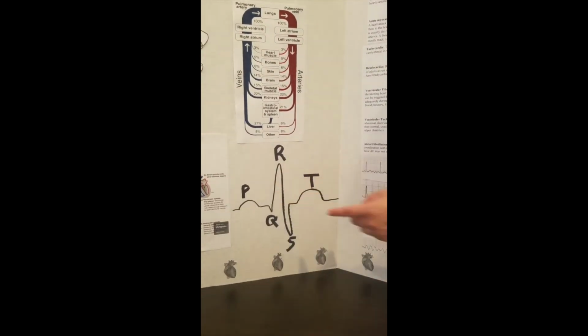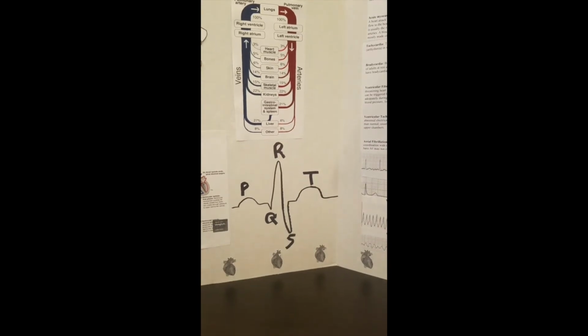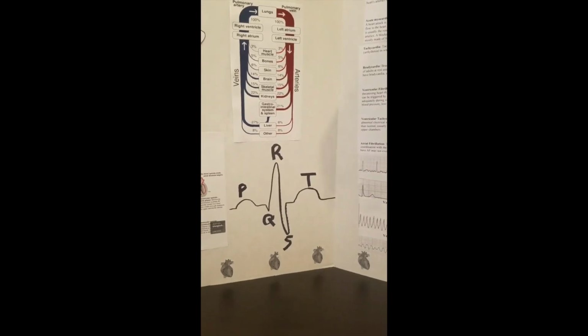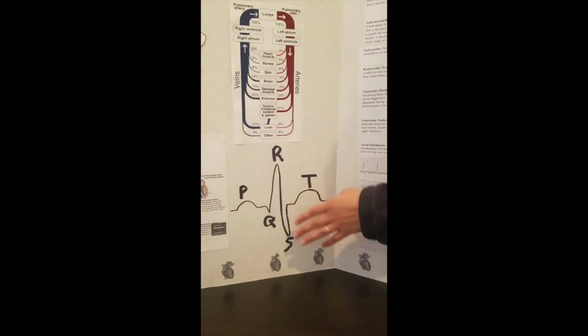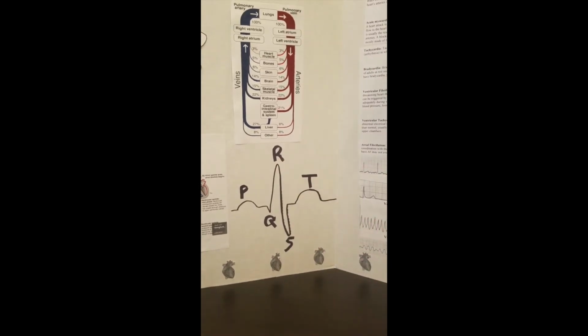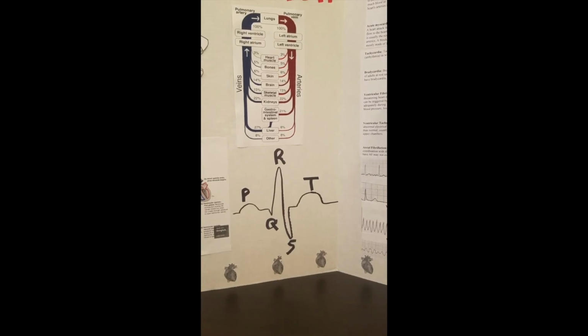The P wave reflects electrical changes of atrial depolarization originating in the SA node. QRS are electrical changes associated with ventricular depolarization, and then the atria also simultaneously is repolarizing. The T wave, they are electrical changes associated with ventricular repolarization.